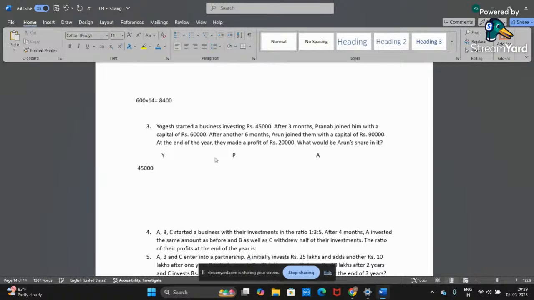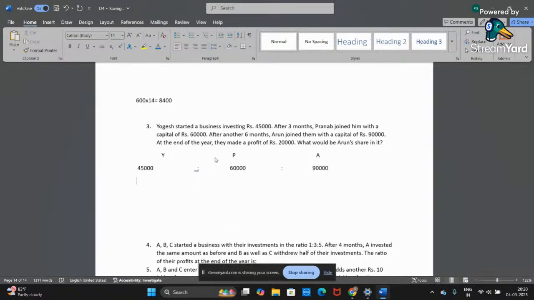Let's write their investments. Yogesh's investment is 45,000 is to Pranab's investment 60,000 and Arun's investment 90,000. Let's further simplify this.